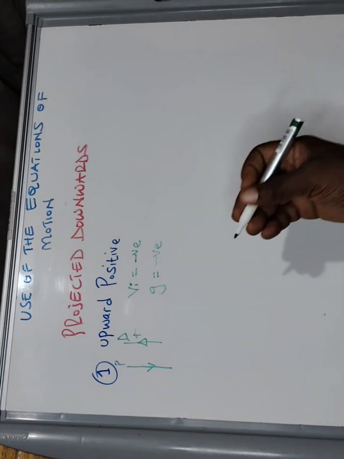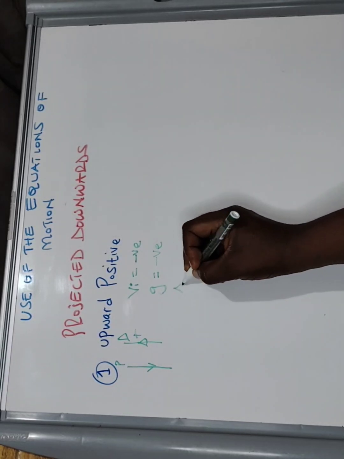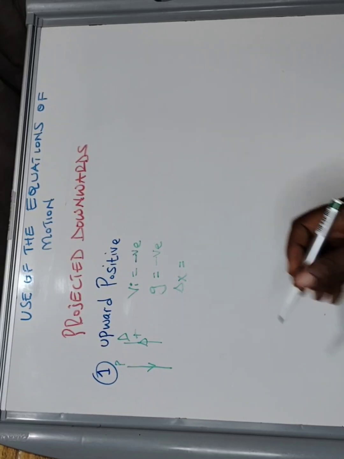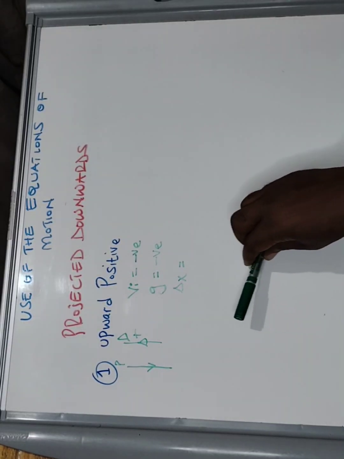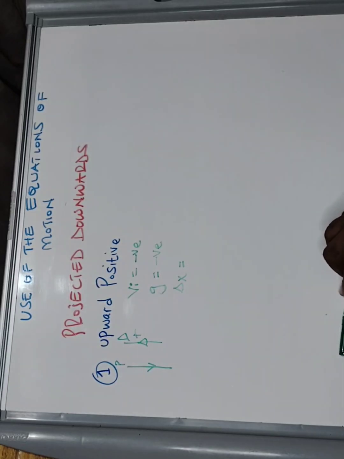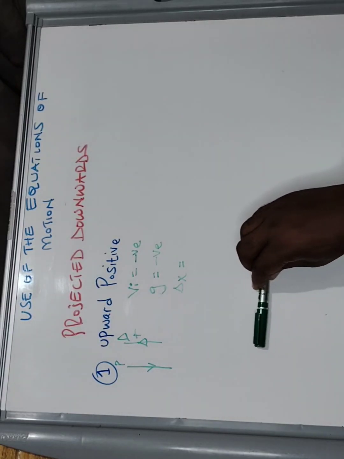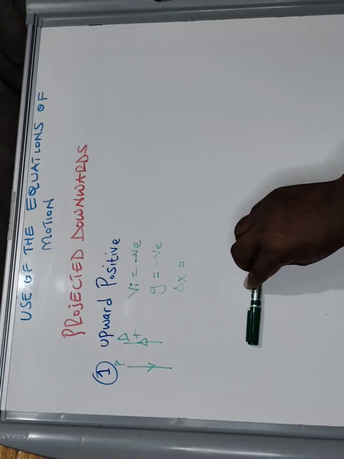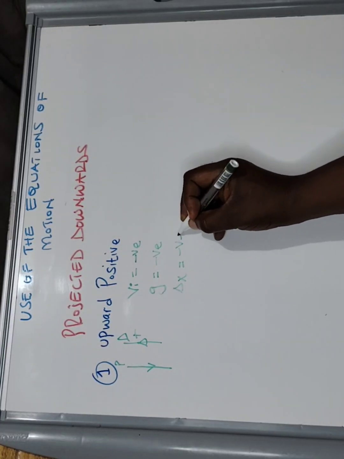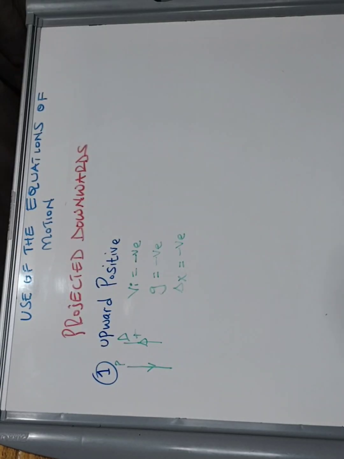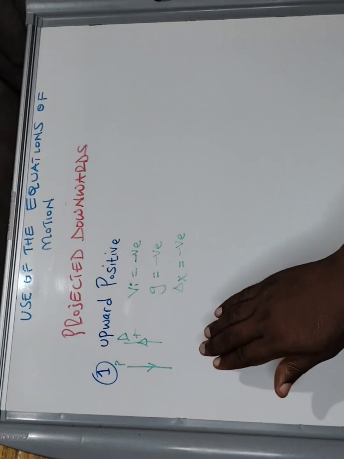Okay, let us go to our delta X. The body is covering the distance, going downwards, but we have chosen upward as our positive, which means that our delta X is going to be always negative. This time we don't have a chance of one being positive and being negative. It's always negative.